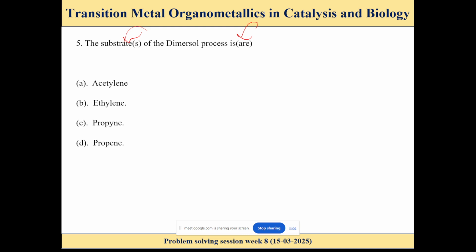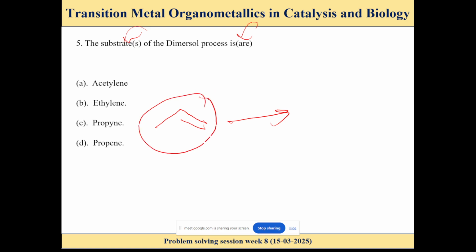Okay, so this question I have already discussed in the starting: this undergoes the dimerization reaction, and then the hydrogenation reaction is a reduction, and this overall process is called the dimerization process. And here the substrate is this.